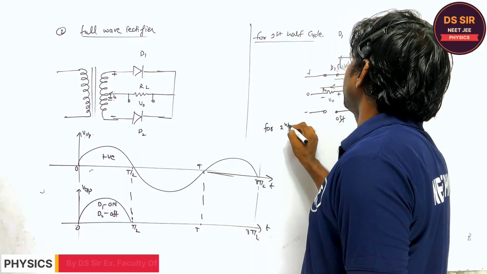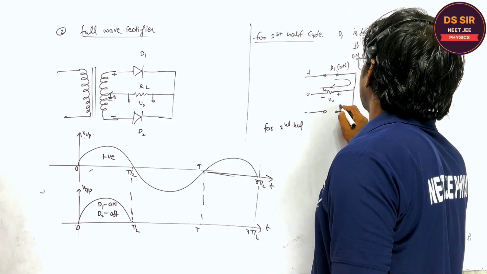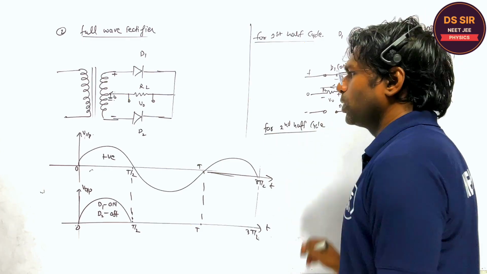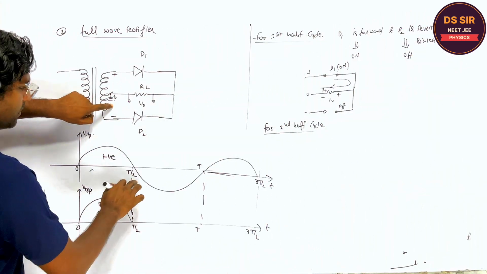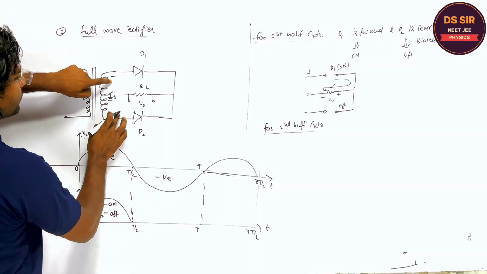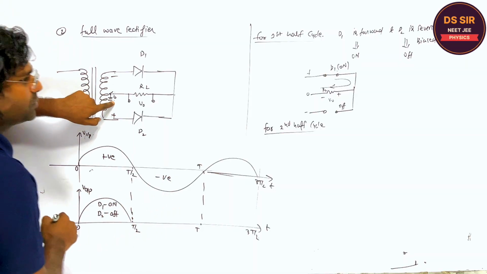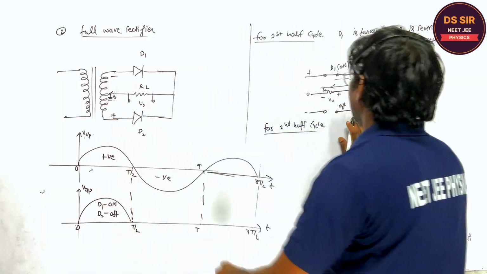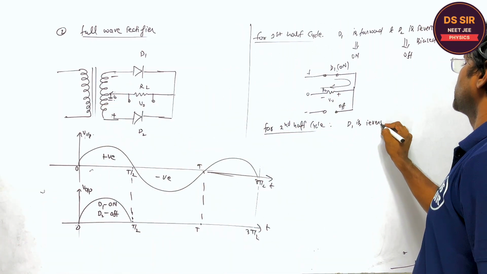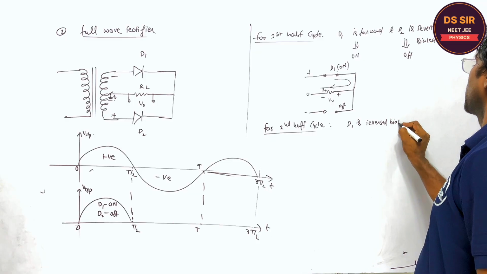For the second half cycle, this becomes negative, and this becomes positive, and this is 0. So diode D1 is reverse biased, right?